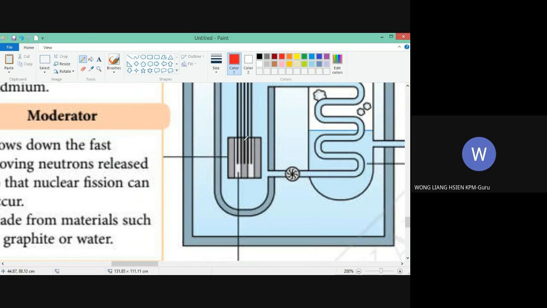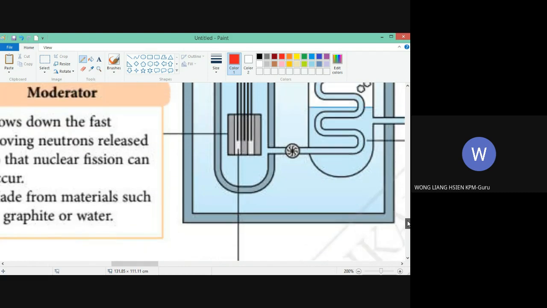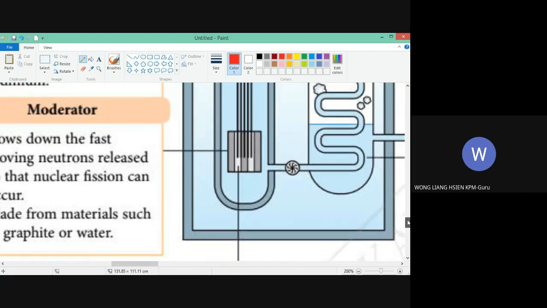Then that substance will release a lot of neutrons, which will start the nuclear fission chain reaction. Once the chain reaction has started, they can take out the starter rod, and just let the chain reaction continue to happen.